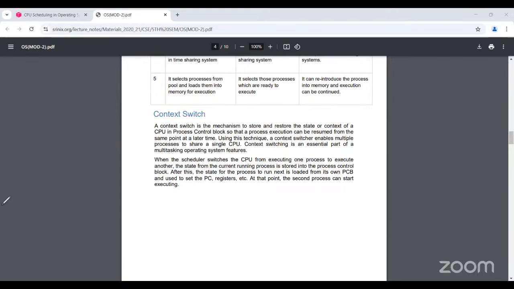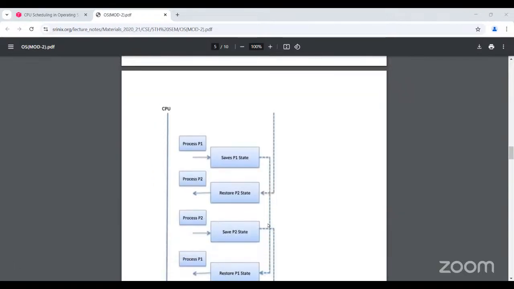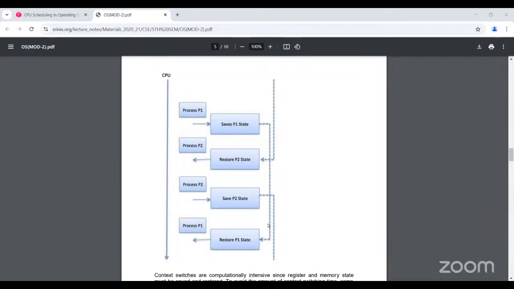Now going down, see here, see this diagram. Process one is there, and this is process two. Process one is completed.